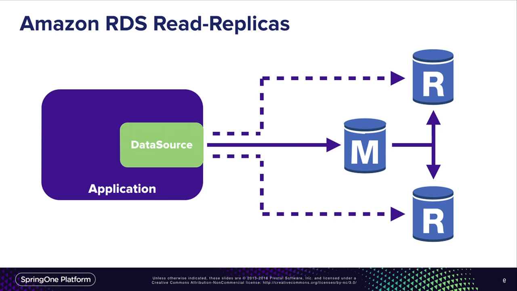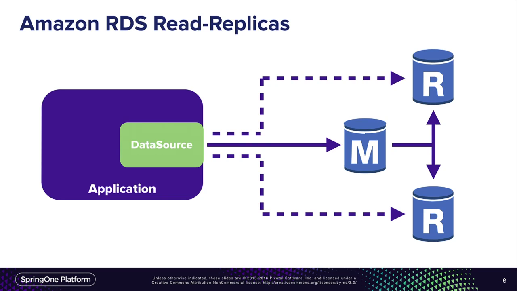And this is something which can be done very transparently when working with Spring. That basically means my application connects to a master database to write, and this can't be changed. There is only one master instance where I can write, and this is the single source of truth. And there can be multiple read-replicas where I can read data from.